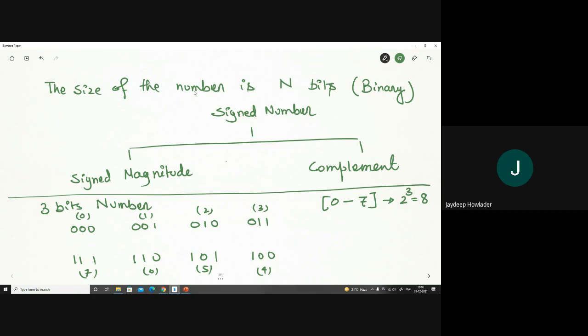Now sign magnitude says that if the most significant bit is 0, this being the most significant position, then the number is considered positive. If the most significant bit is 1, then the number is considered negative.